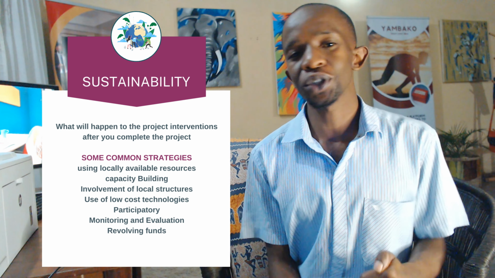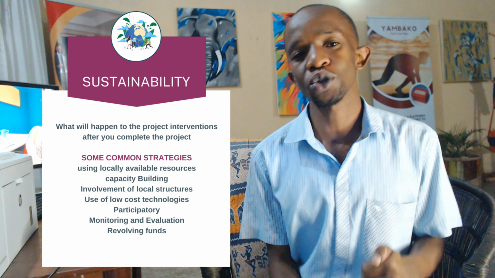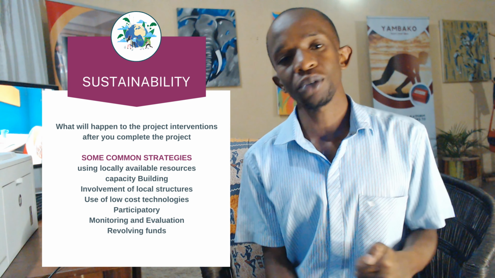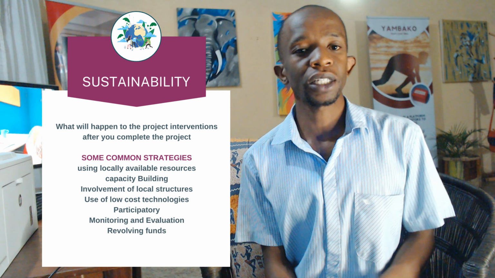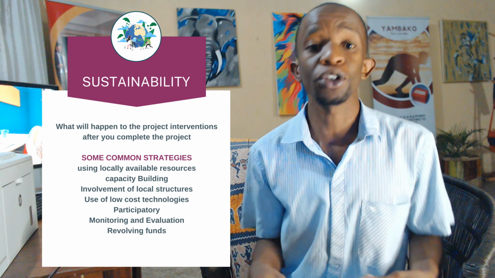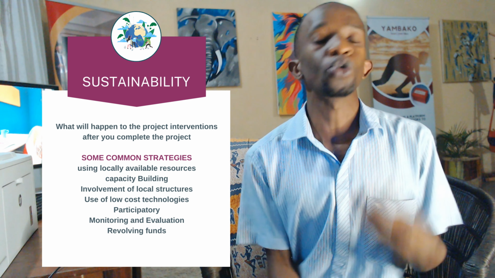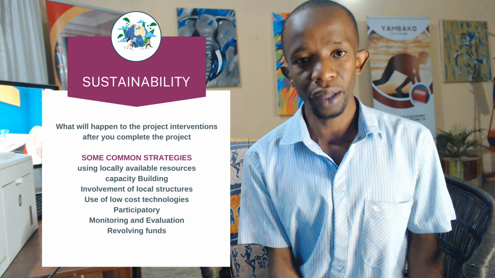At the same time, projects also ensure capacity building, so that whenever the project phases out, those people have the capacity, the knowledge and the know-how to continue doing those things after completion. So the sustainability mechanism is very important. A project proposal usually does not pass without a sound sustainability strategy.